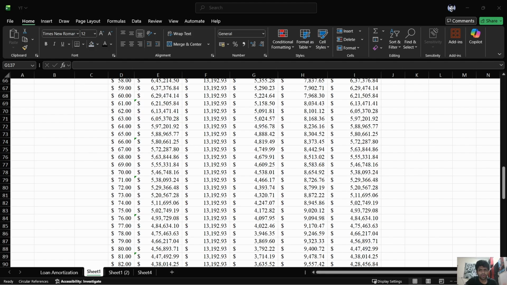And in the third step, you can drag down the formulas to the end and discover the true cost of your loan, that is, the extra interest you are paying. This isn't just a spreadsheet, it's a powerful tool for your financial clarity. Don't be passive with your debt. Use this schedule to find your path to financial freedom.